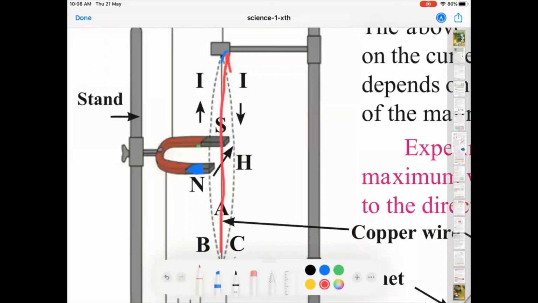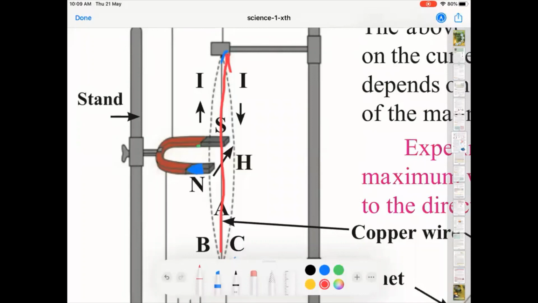In the motor, like this red wire, there is a coil of wire and current is passed through that coil, and this coil is present in a magnetic field. I'm talking about a very simple small motor where already there is a magnet, and between that magnet you have the coil of wire.